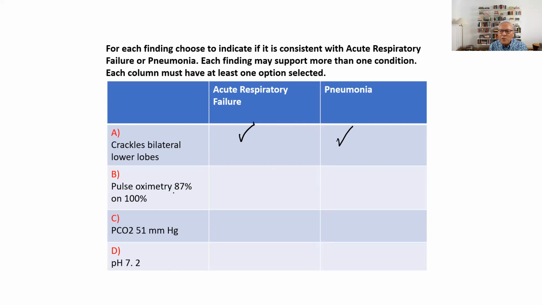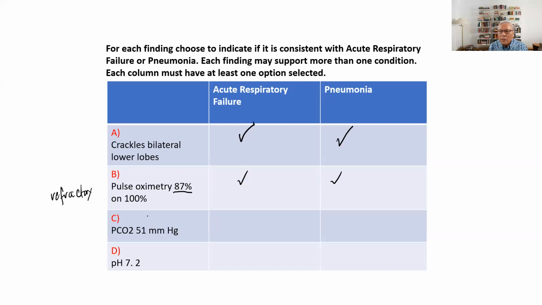How about a pulse oximetry of 87 on 100%? This is refractory hypoxemia. This could happen in either of these cases. You can see it in ARDS. You could also see it in pneumonia.